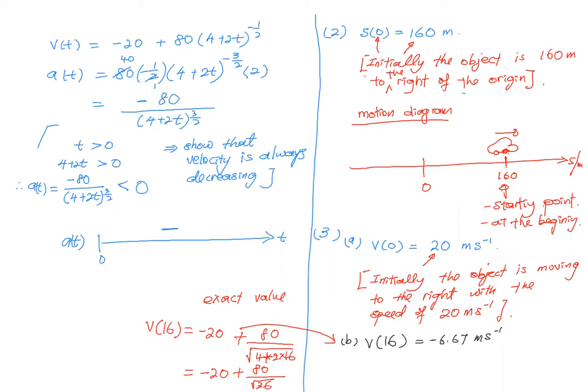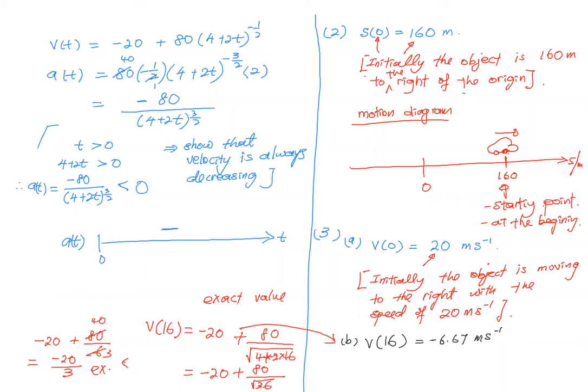So the exact value will be negative 20 plus 80 divided by 6, which is negative 20 plus 40 over 3, so you get negative 20 divided by 3. That's why you got 6.667. So this is the exact value. Please take note of that.